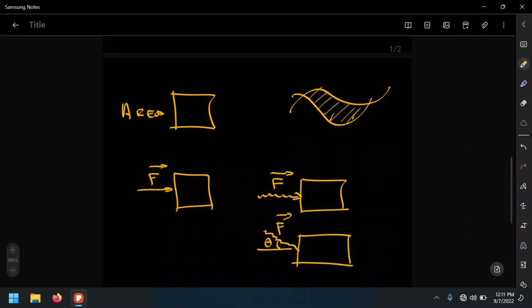In Calc 2, we're going to look at how to find the work of a variable force, and in Calc 3 we're going to incorporate the concept of vectors and multivariable functions to find the work done by a variable force in different ways to define this function.